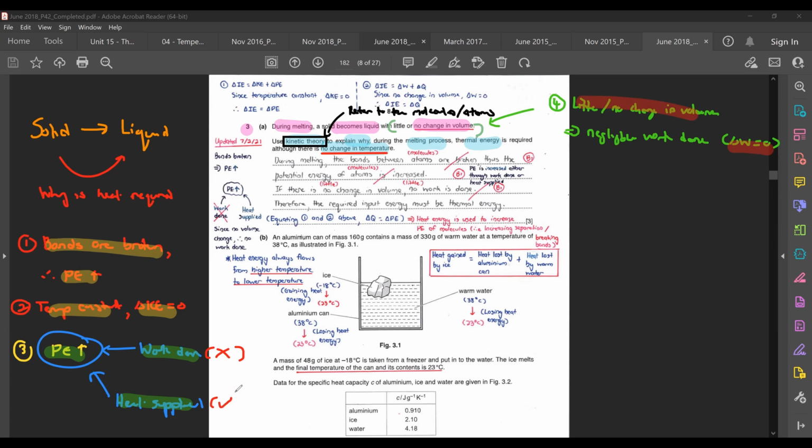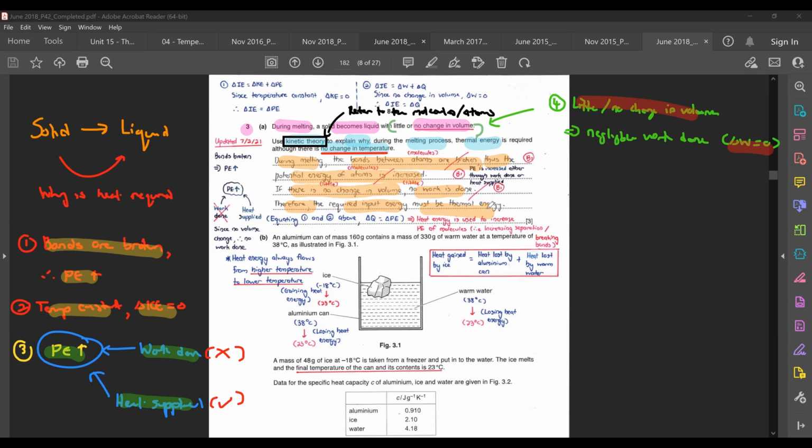It must therefore have come from heat supply. So that's why your answer here is worded like this. During melting, the bonds between your atoms are broken, thus the potential energy of atoms is increased. And because there's no change in volume, there's no work done. Therefore, your required input energy must be from thermal energy in the first place, must be from heat supply in the first place. Okay, so that's for that part.